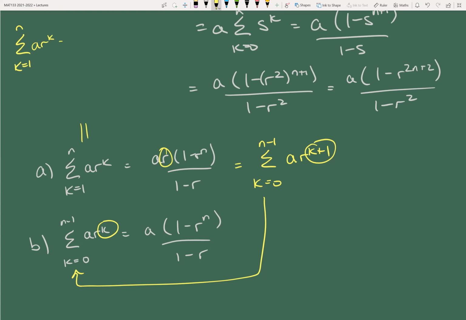If I factor an R out of this, and factor the A out too, I get K minus 1. And then if I downshift that, I get K equals 0 to N minus 1, R to the K. Now if I use the formula, I get 1 minus R to the N minus 1 plus N, like that. And that's what I had before, right? So are we upset about this still?